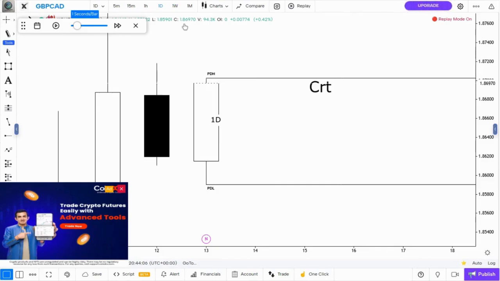To have a confirmation, you need to go to the minimum time frame, like the 5-minute or 15-minute time frame. And when the market shifts there, you will take a position, shorting the market or buying the market. So let's quickly see what happened inside this candle.